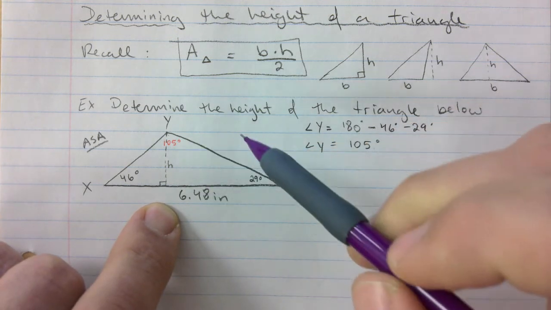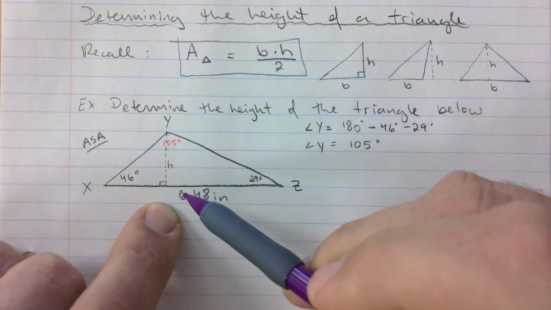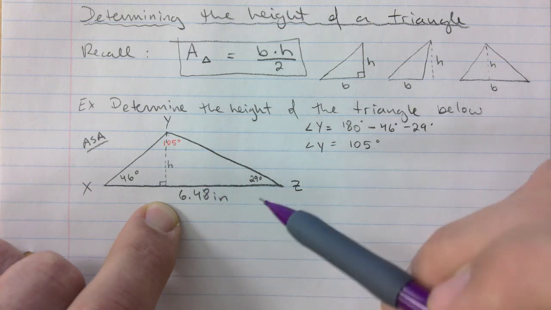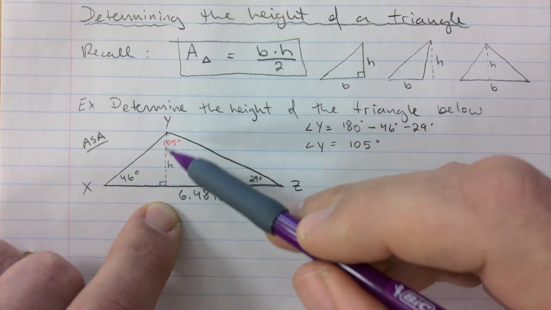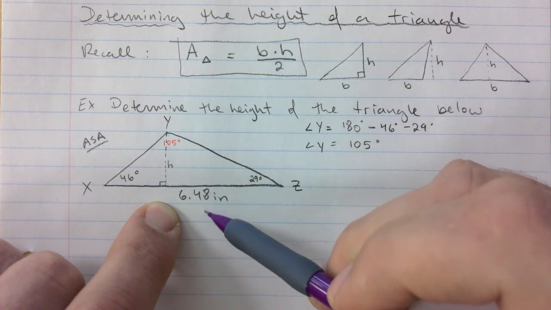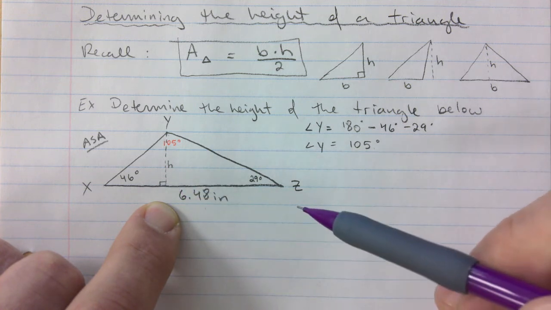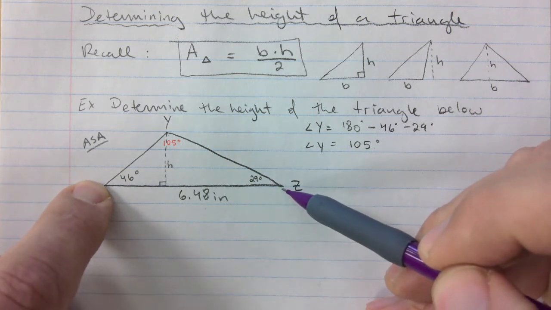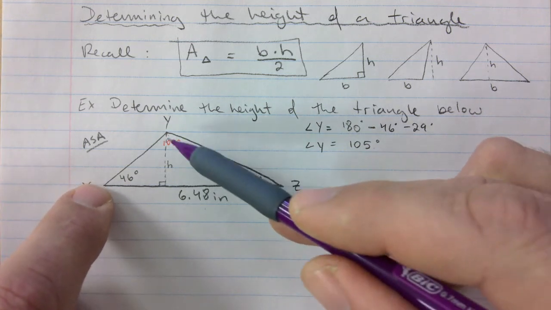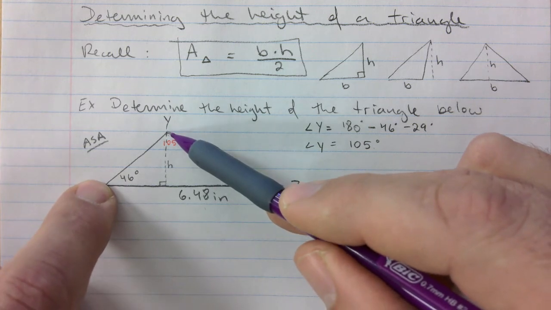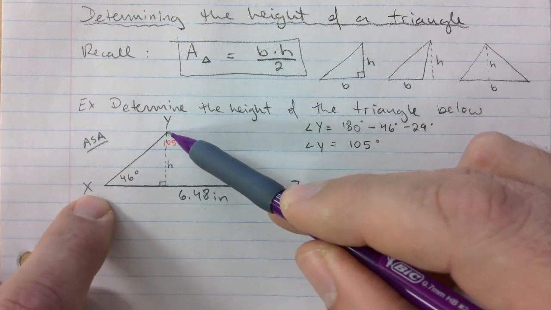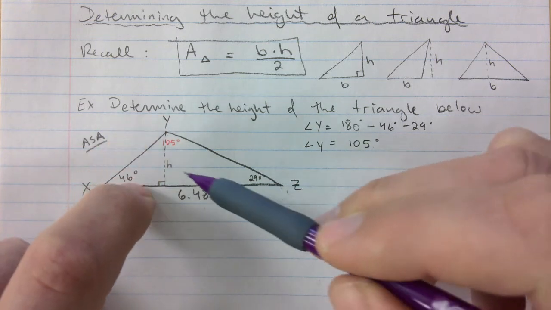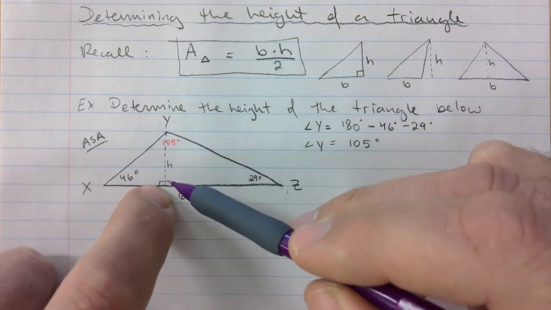So right now I'm not focusing on the height just yet because in order to get to the height, you will have to know at least one more side length, okay? Because we know the whole base here is 6.48. You would either have to find this side here between x and y, or the side between y and z to then be able to focus on the height.